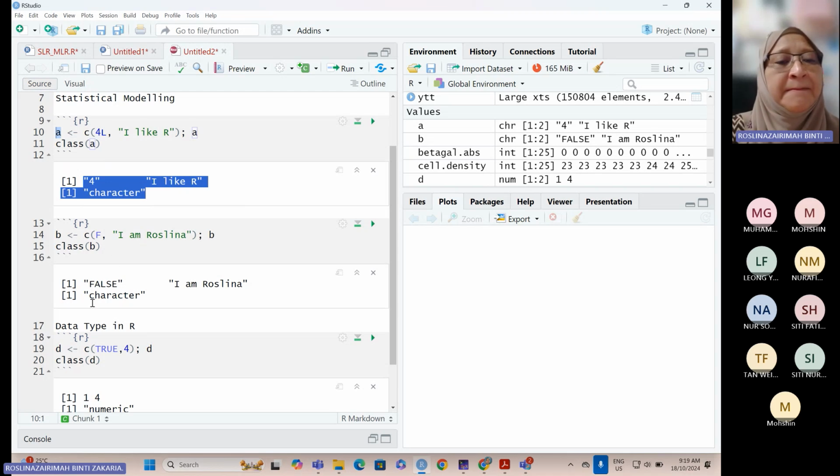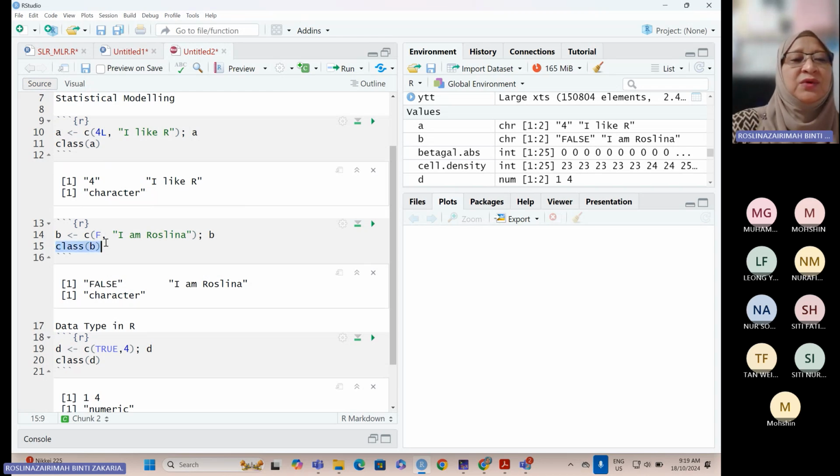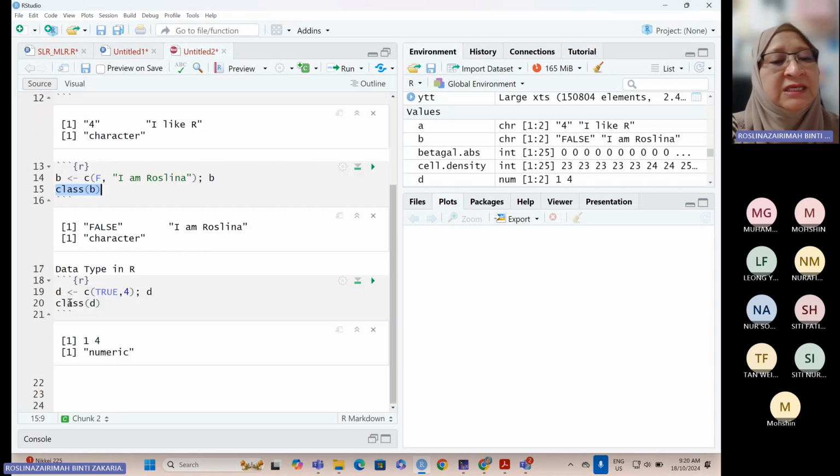Similarly for B, these are the results: B is false and I am Roslina. They become character because when we join a character with a logical, it also becomes a character. And we confirm that when we type class B, we want to know what type B is. Similarly for D and so on. Okay, any question?